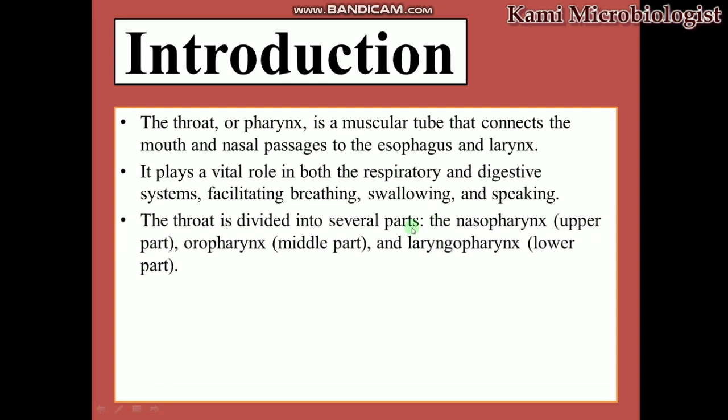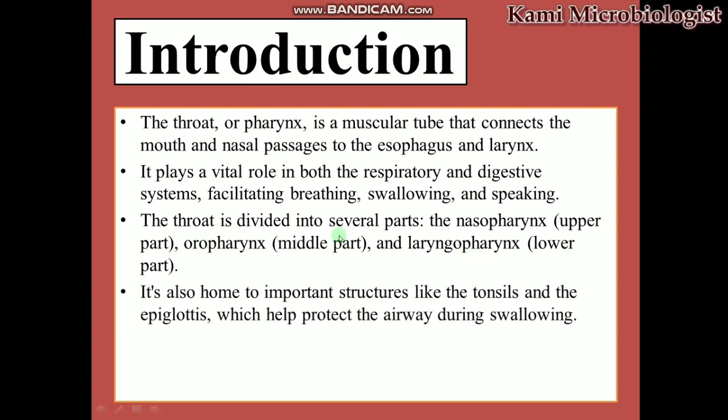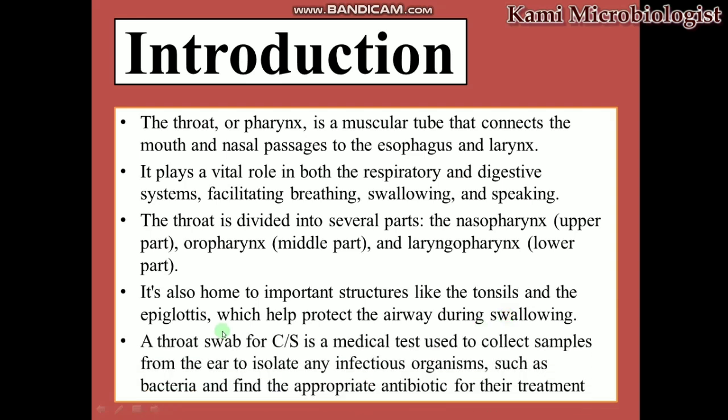The throat can be divided into several parts: the nasopharynx, which is the upper part, the oropharynx, which is the middle part, and the laryngopharynx, which is the lower part. Moreover, the throat is also the home for the structures called tonsils and epiglottis. These two structures protect the airway during swallowing.